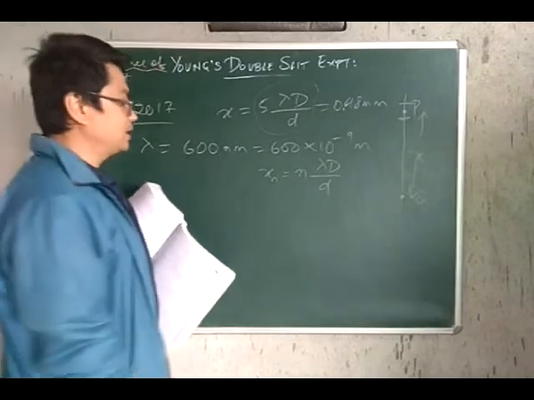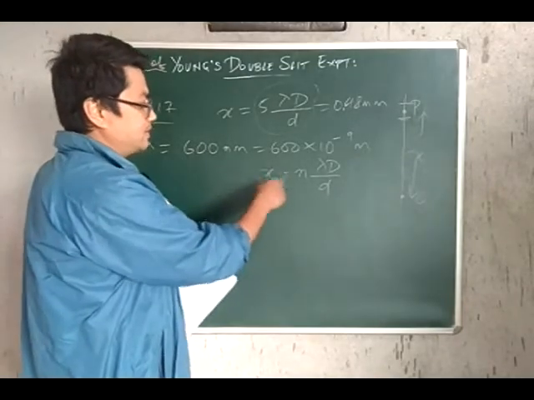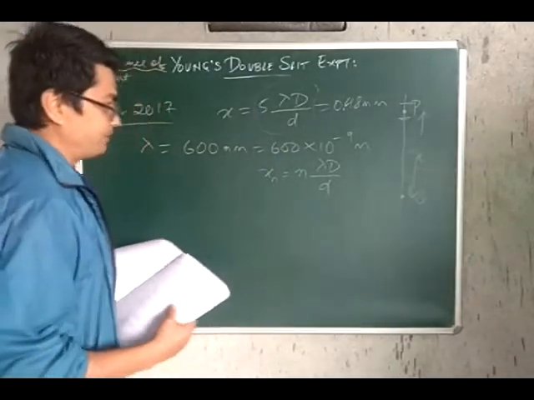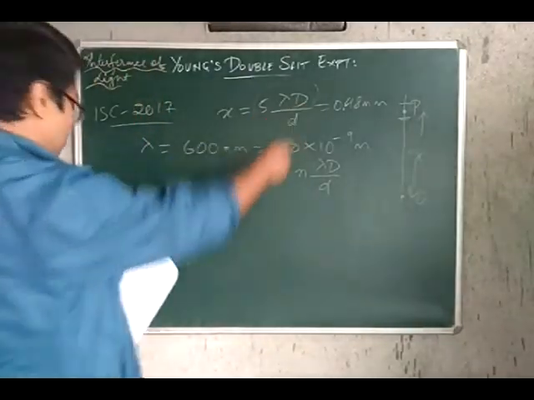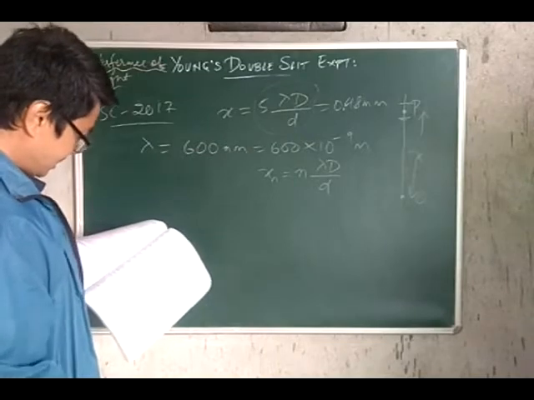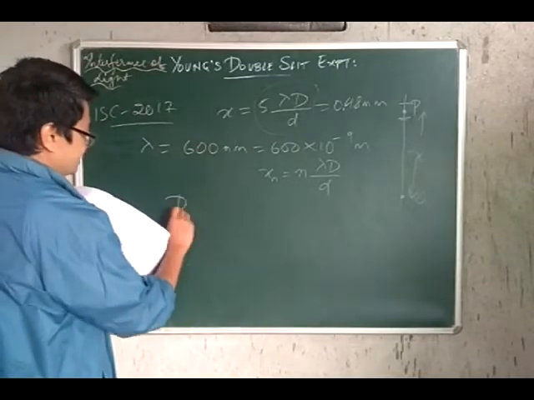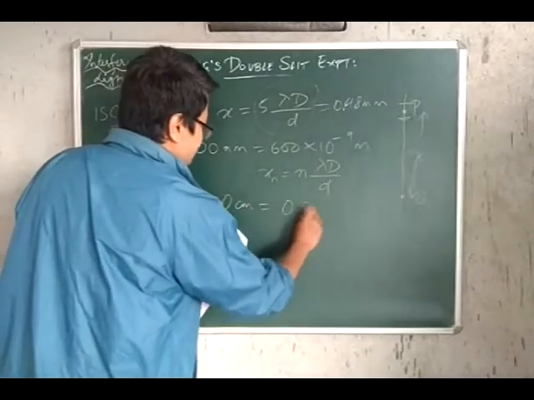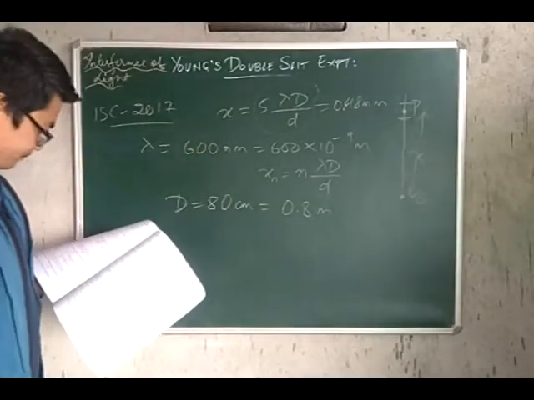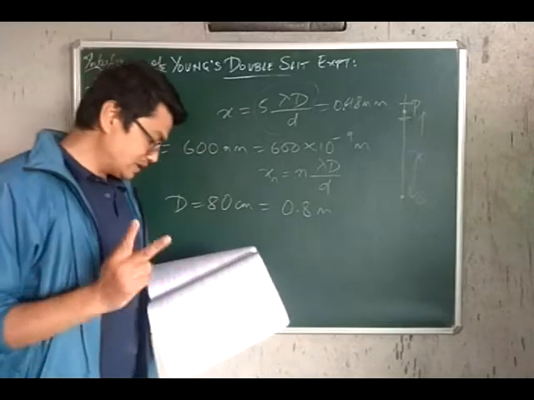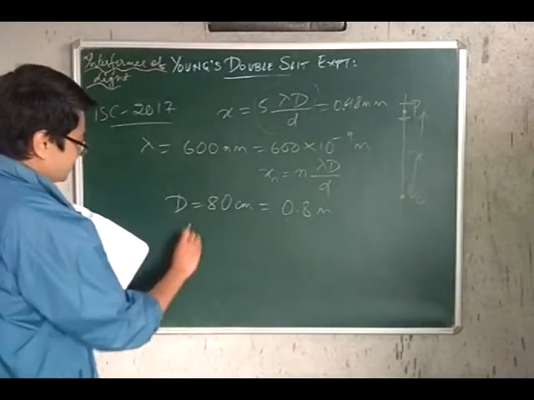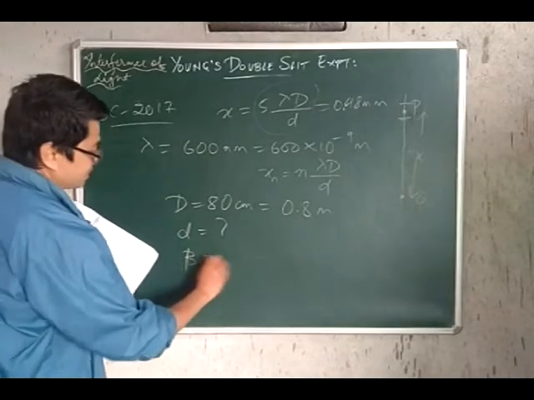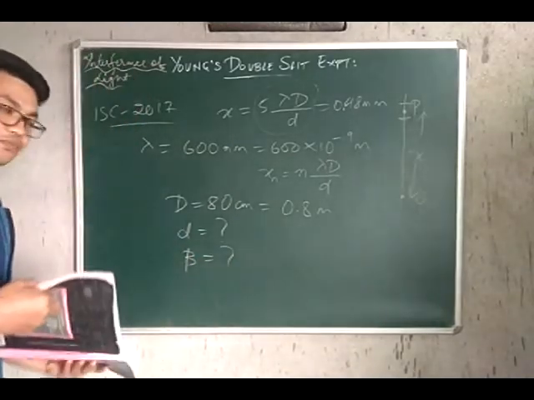This is the fifth bright fringe, so for now the value of n is 5, and that is given to be 0.48 millimeters. If the screen is at a distance of 80 centimeters, D is 0.8 meters. You need to find two things: the distance between the two slits, and the fringe width, beta.